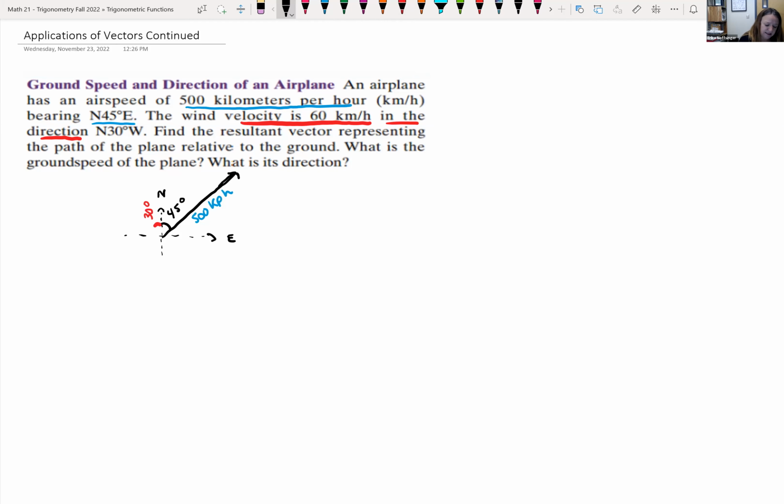And it's 60 kilometers per hour. So I know that my magnitude is 60 kilometers per hour.